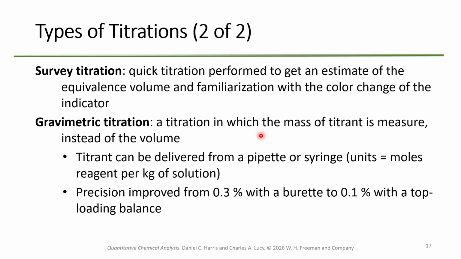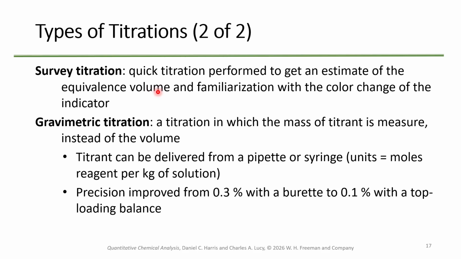A survey titration. This is your quick titration performed to get an estimate of the equivalence point and familiarize with the color change of the indicator. Remember what I was saying, that first one you need 7 total? And so you use the first one to do a survey titration. Okay? And so you very quickly run through it.